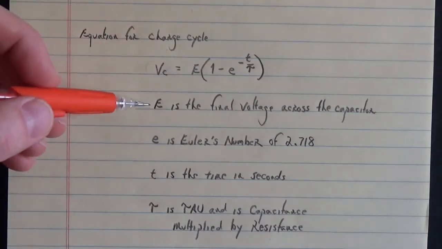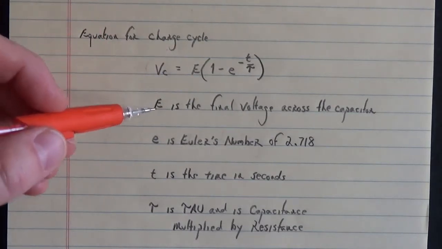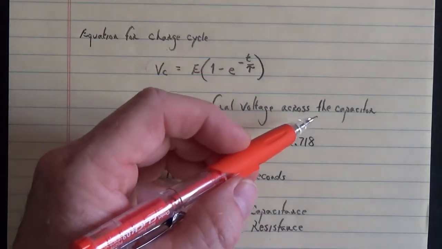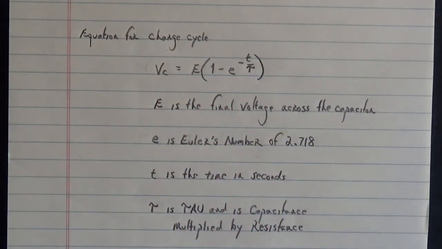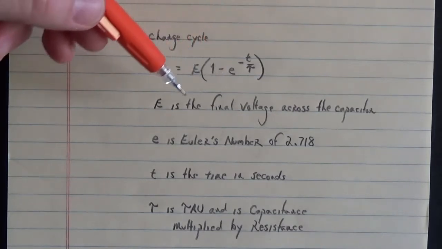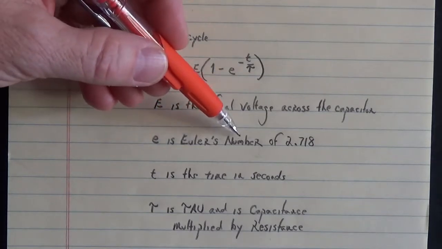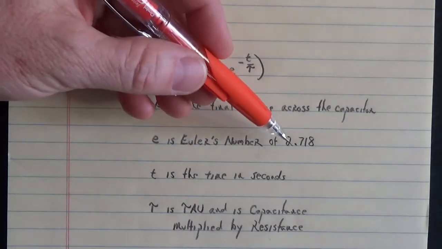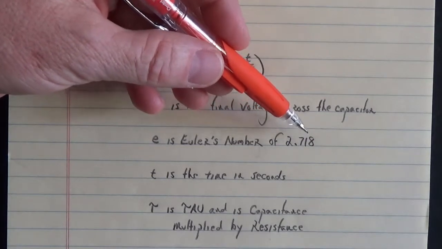Capital E here is the final voltage across that capacitor when it's fully charged. Little e here is Euler's number, 2.718.